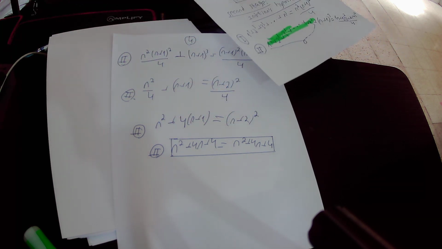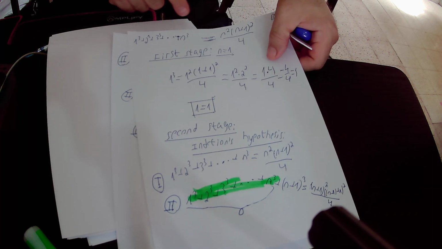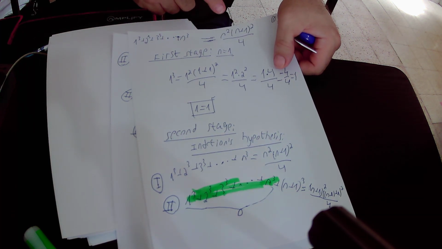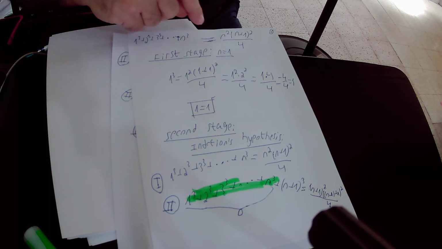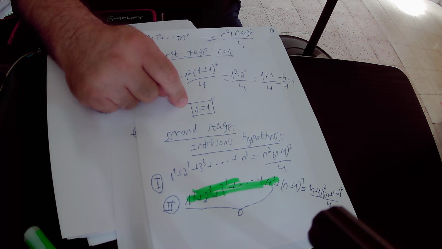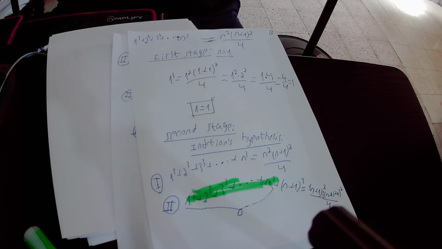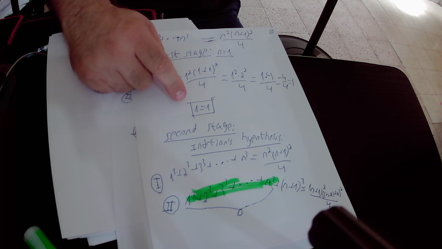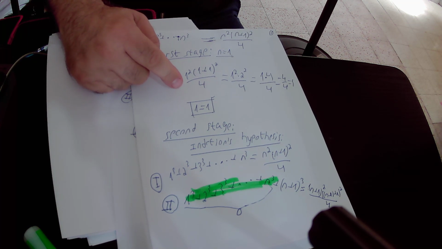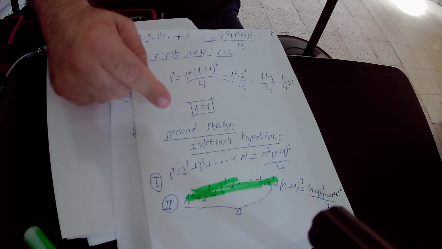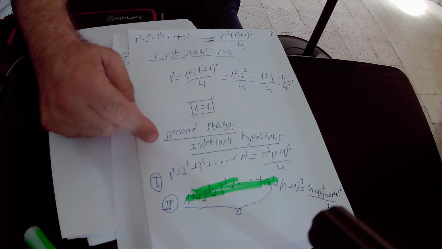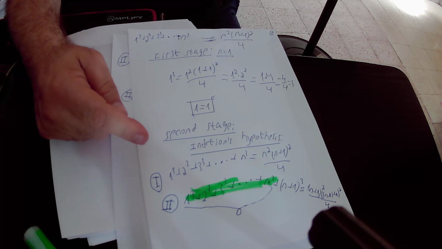And in this way we proved that this statement is true for all natural numbers, because of our proof that if it is true for n, it must be true for n plus 1.